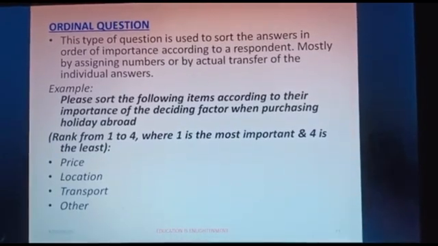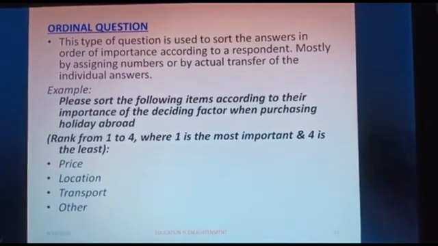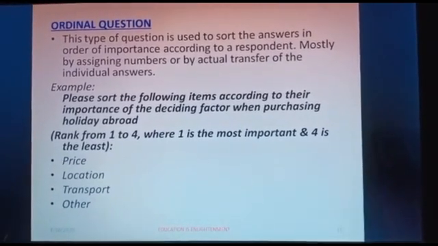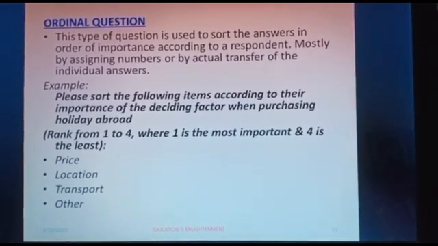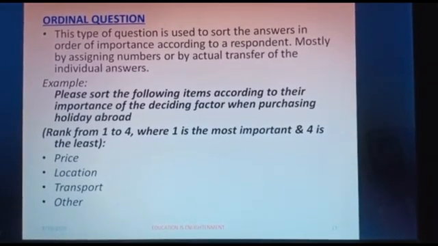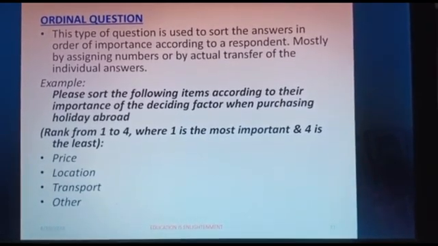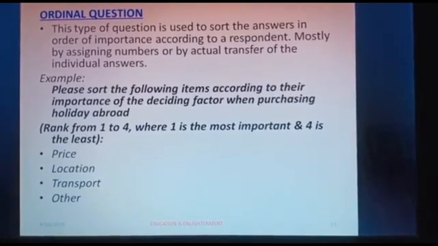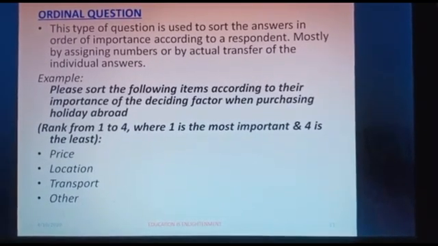And there are 4 options given where the respondent is asked to assign the ranks 1 to 4, where 1 is the most important factor for deciding a holiday package and 4 is the least important factor. The factors may be price, location, transport or others. This type of ordinal question gives the respondent a chance to grade their answers according to their feeling about the level of importance.